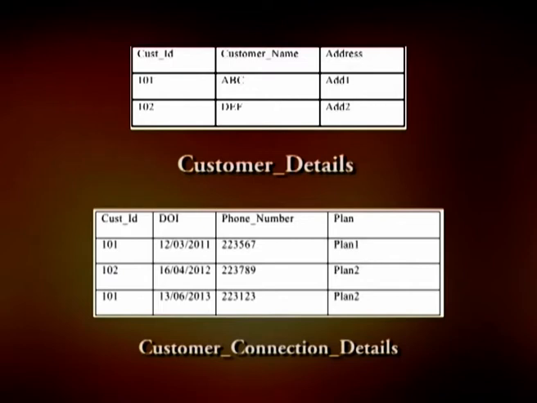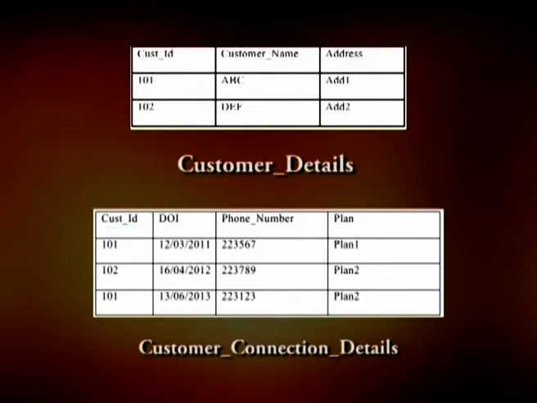And in the second table, the information about the telephone connections taken by each customer has been stored. It may be the case that some customers may have multiple connections and thus will have a number of telephone numbers for that customer. Both the tables are related to each other through the common field cust ID.